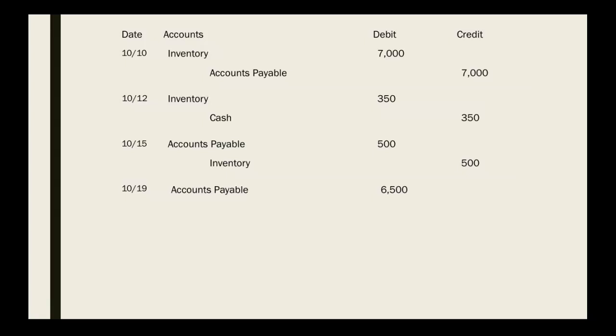Now we got that $6,500 by figuring out the balance in our accounts payable on October 19th. We initially credited $7,000 to accounts payable back on the 10th, but then on the 15th we debited $500. So we still owed $6,500.